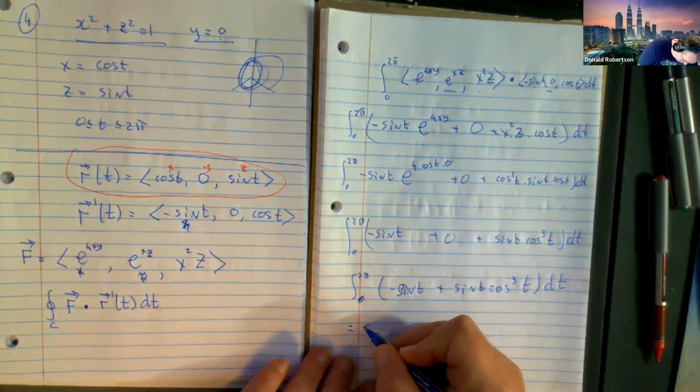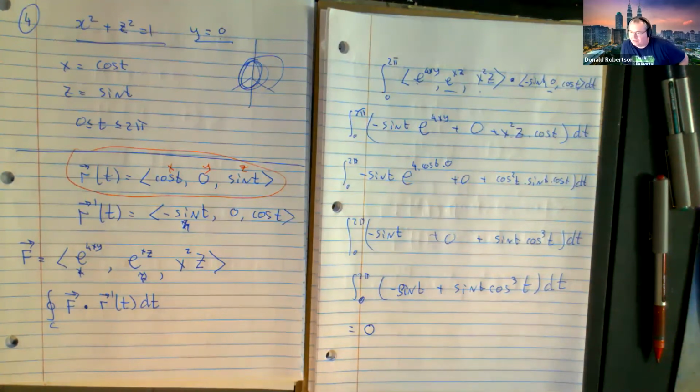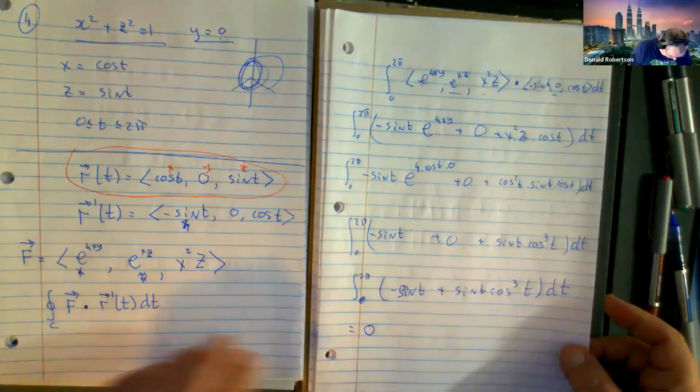And what do I dislike about it? It was 0 again. There's something sometimes unsatisfying about getting a lot of work done and then finding out the answer was 0 at the end. It just seems to me like, that was annoying. But it is what it is. It worked.